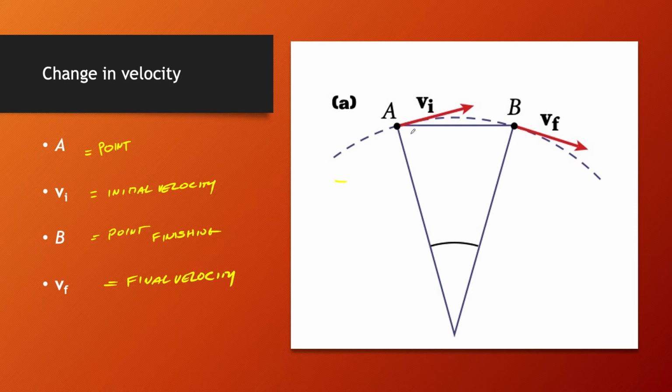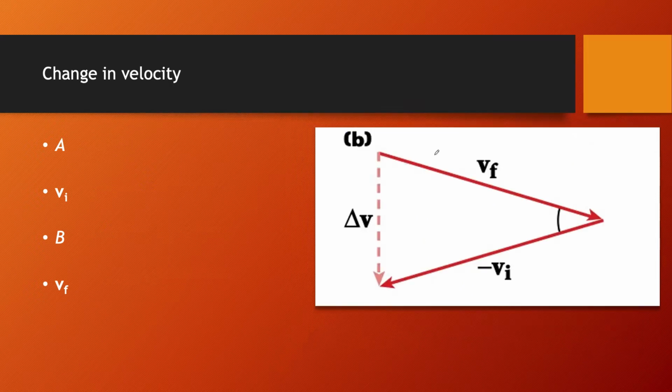You notice that this arrow is going this way, and this arrow is going this way. So we look at final minus initial, and that is delta V.